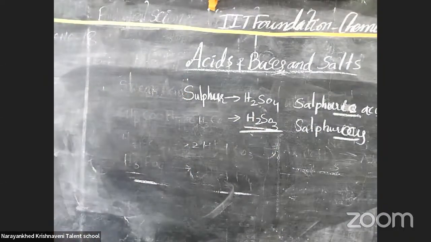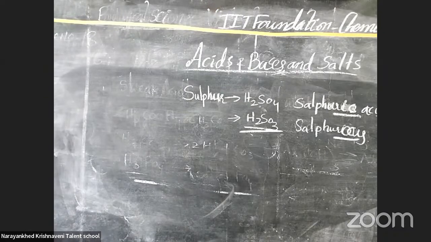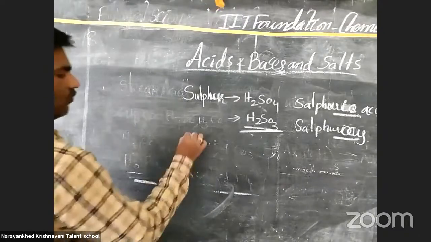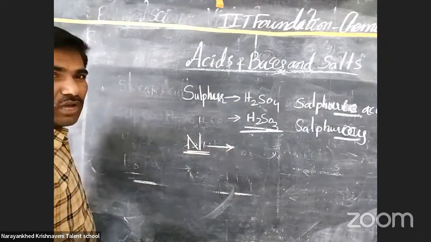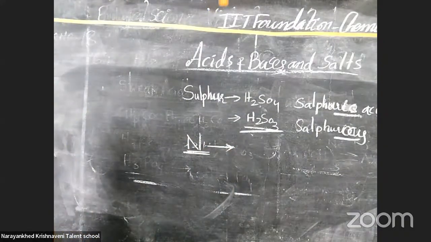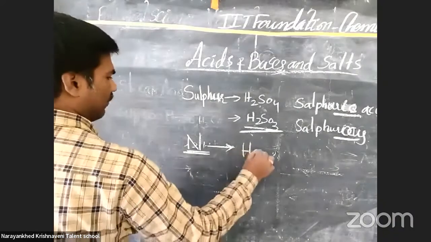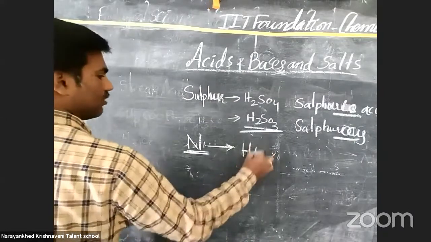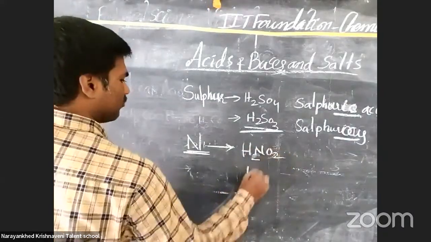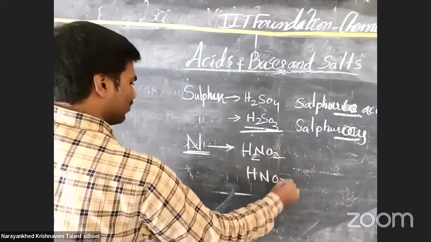And as well as there is HNO2. Nitrogen is also one of them, also a non-metal. This also produces acids for us. HNO2 as well as HNO3.